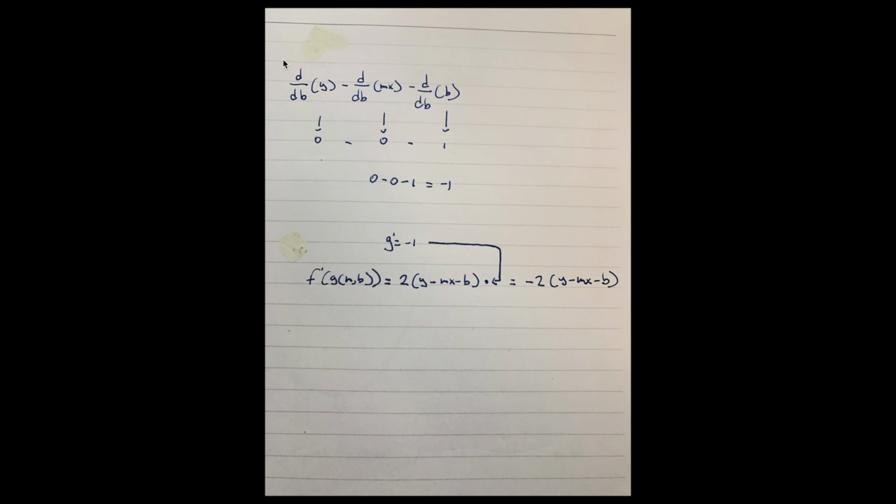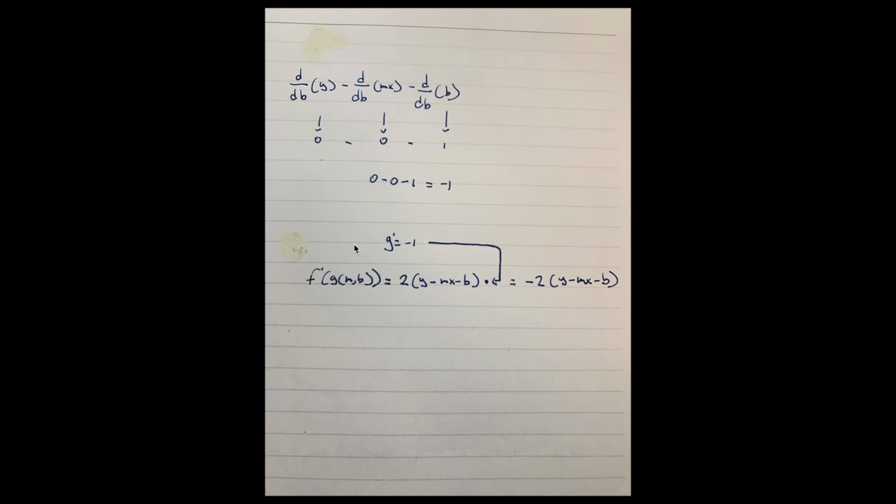So coming back to that same difference property, what's the partial derivative with respect to b of y, minus the partial derivative with respect to b of mx, minus the partial derivative with respect to b of b? With y, it's going to be 0. With mx, it's still going to be 0. And with just b, that's going to be 1. And then 0 minus 0 minus 1 is negative 1.